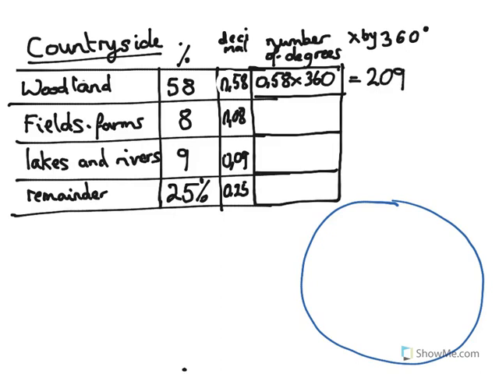How much is that? Well, it's woodland, so we'll cover it green. It's more than 180. 180 would be straight down, and we've got 209 degrees, so we're going to be going down here. And we would measure this angle with our protractor.